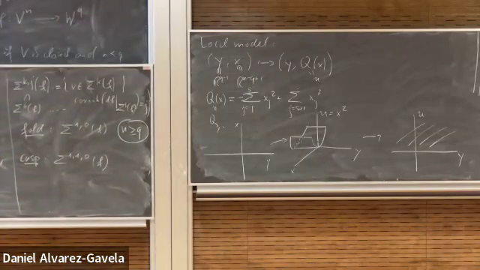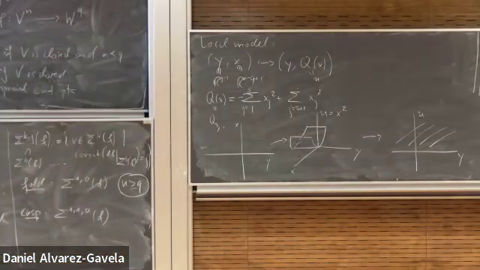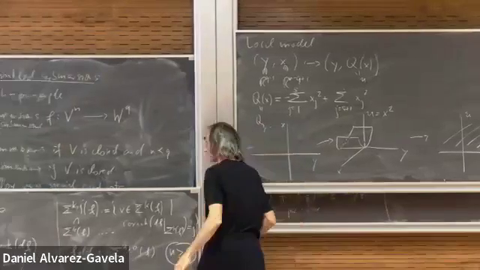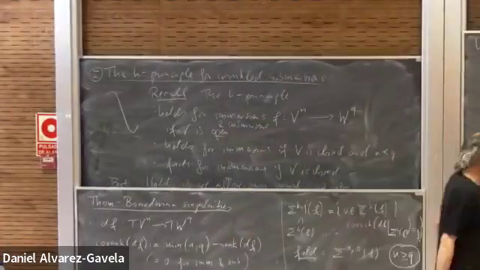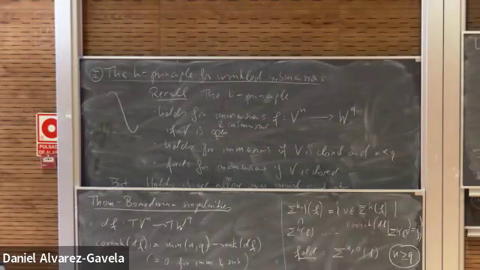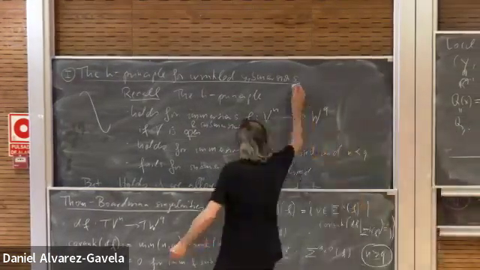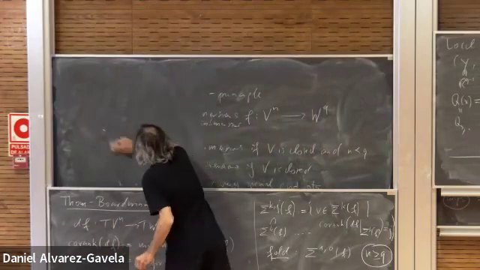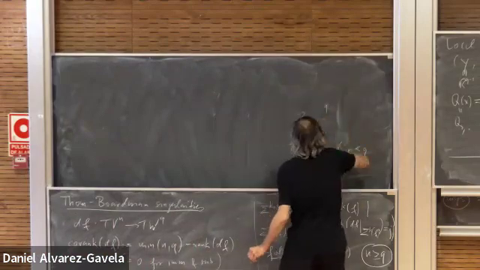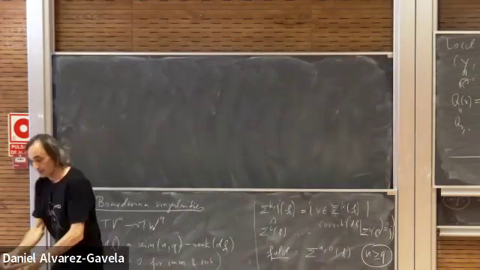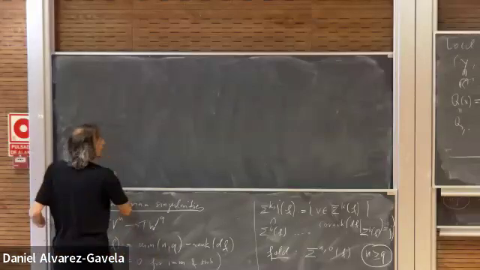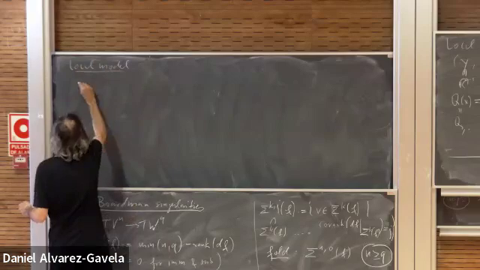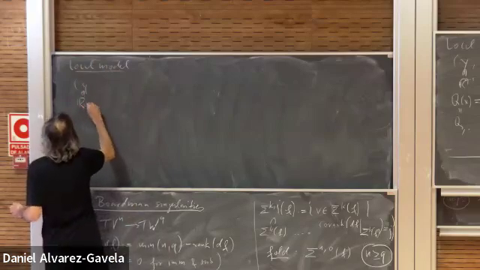I'll also give you the local model. So the local model at a cusp would be, we take again y in R^(q-1).